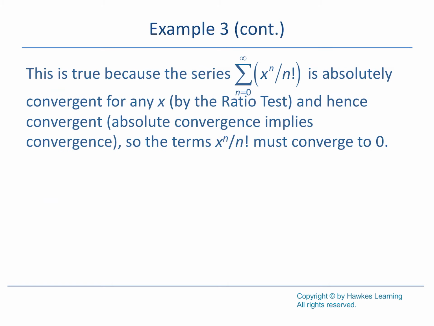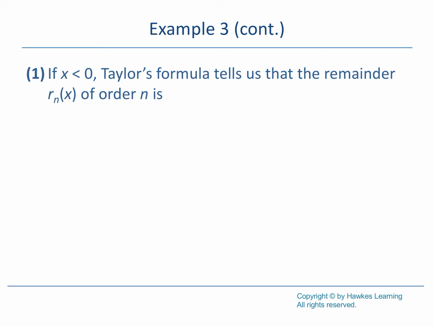And we're going to break it down into 3 different cases based on whether we're looking at a negative number for x, whether we're looking at 0, or whether we're looking at a positive number for x. So here we're looking at a negative number for x. And the remainder on an nth order Taylor polynomial would look like this.